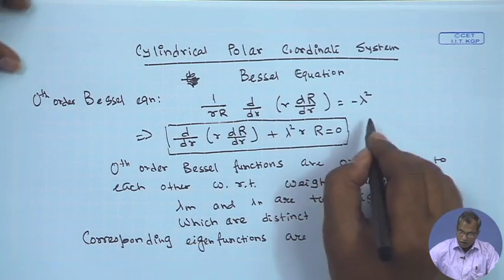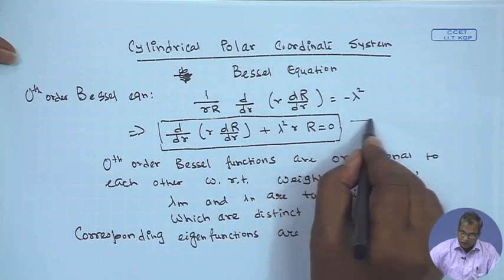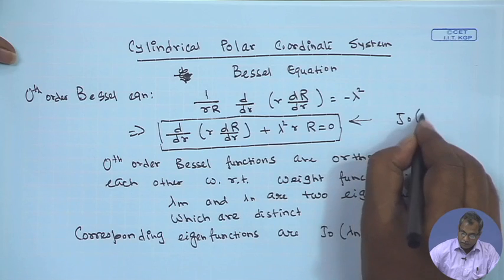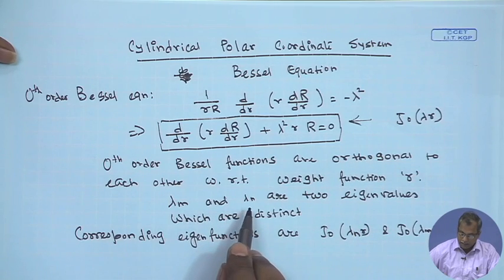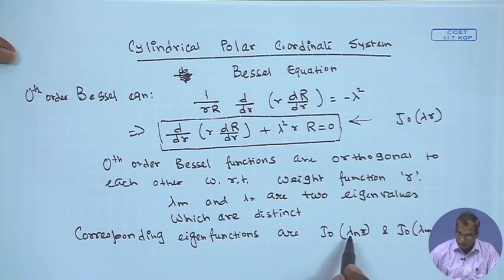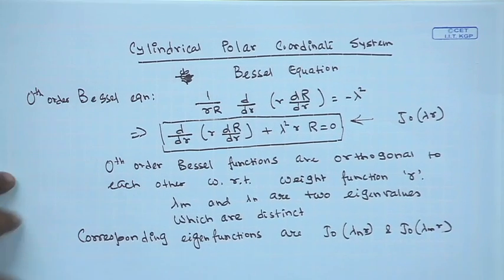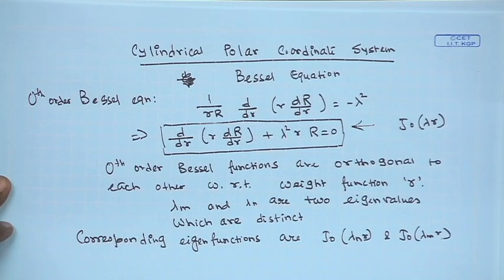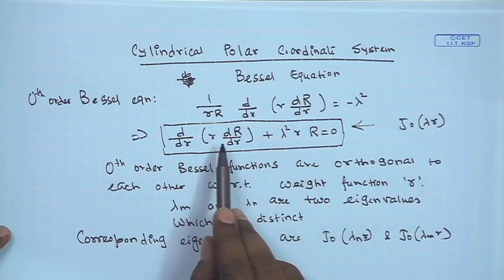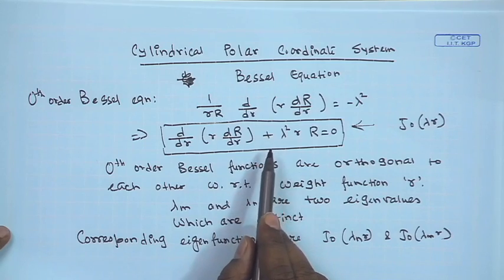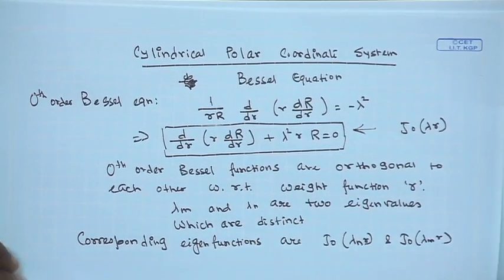So, eigenfunctions to this problem are J0 lambda r, and corresponding to lambda m and lambda n, the eigenvalues, the eigenfunctions are J0 lambda n r and J0 lambda m r. That means, this equation will be satisfied by the eigenfunction J0 lambda m r, and this equation will be satisfied also by the eigenfunction J0 lambda n r.